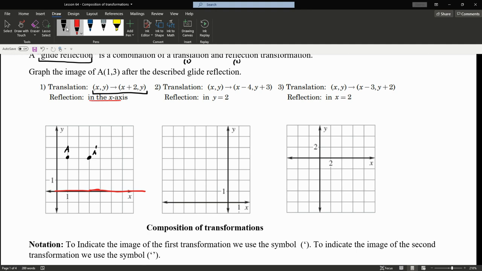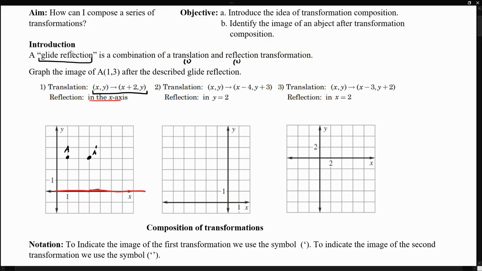Let's just reflect this object. If this is A prime and we reflect it, well, A prime is 1, 2, 3 units away. Therefore, after performing this reflection, it should still be 3 units away. So we go 1, 2, 3. The product of that reflection should be somewhere down here.